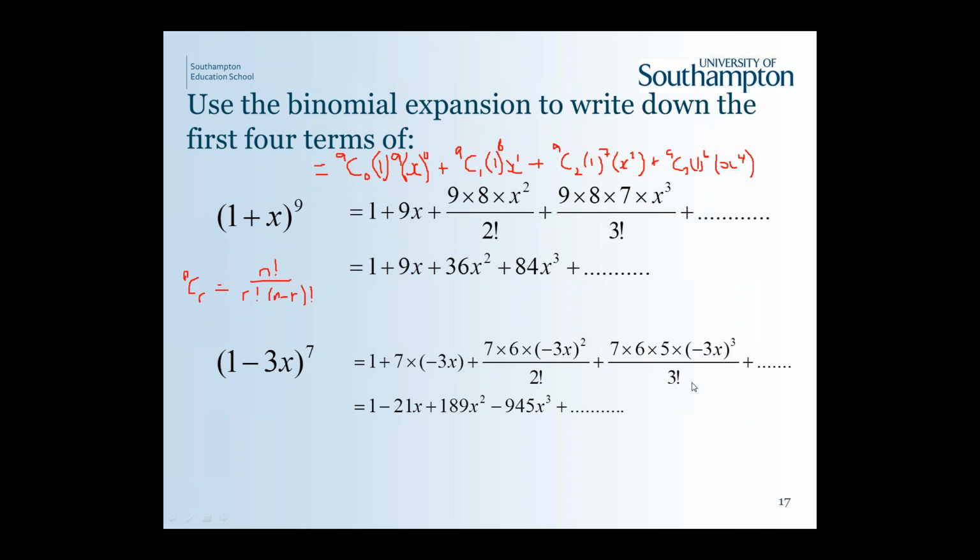So part of teaching this, as well as trying to get them to explain what they're doing, is to get them to take care and to show as much as they can. And so I like to see this. In fact, they get marks for showing these choose terms. If they've jumped straight to the answer and they've made a mistake, they won't get any marks.